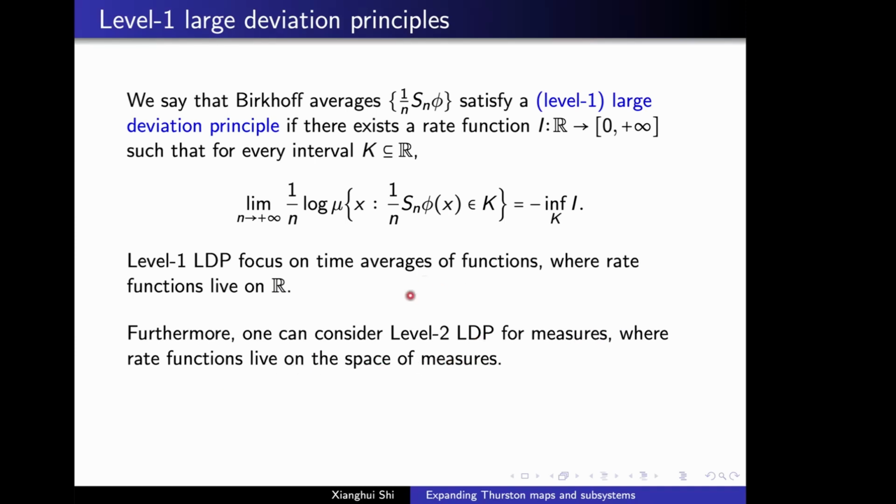As indicated by the names level 1 and level 2, there is a hierarchy, namely level 2 directly implies level 1 by a general principle in large deviation theory called the contraction principle. So we will focus on level 2 LDP since it is stronger.